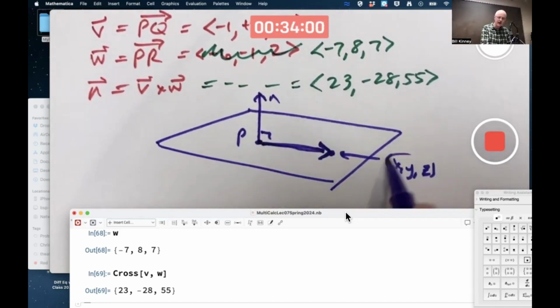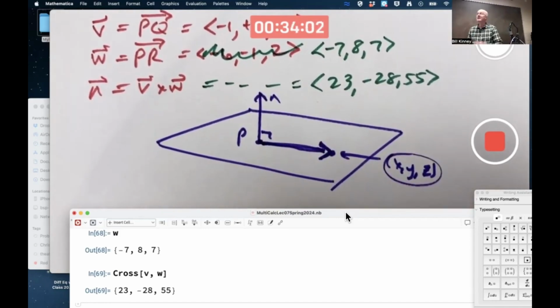And since the point x, y, z is arbitrary, that'll give us a general condition for the point x, y, z to be in the plane.